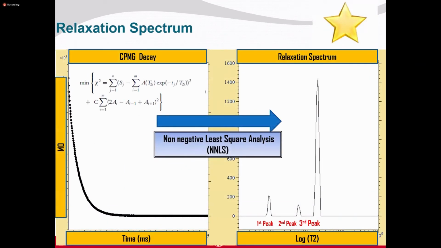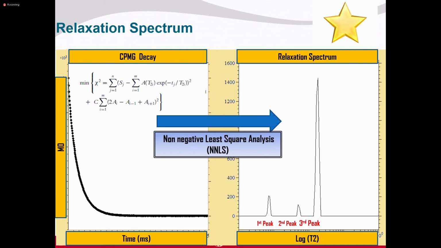The thing is, in food systems especially, you do not have just one T2. You have multiple compartments, and multiple compartments usually lead to more than one T2. For instance, here we have a CPMG decay.